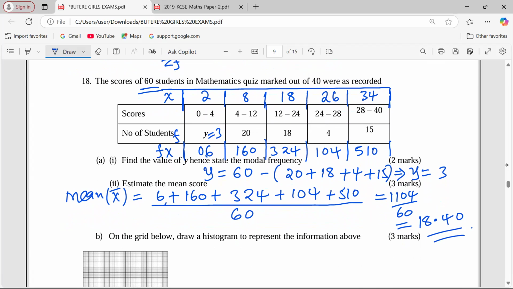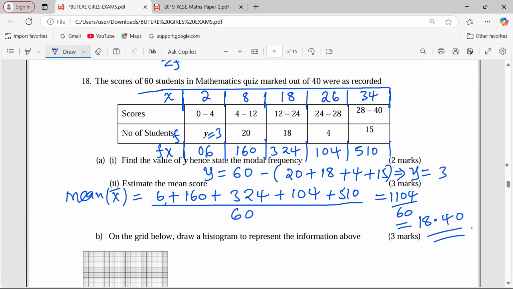Estimate the mean score. The language of estimate here is to help you know that when data is grouped, we are just estimating these statistical measures. For example, for the students who scored between 0 and 4, they are 3. We don't know their exact marks, but we have taken the midpoint of that class to represent their score. So we are assuming that the 3 of them scored 2.